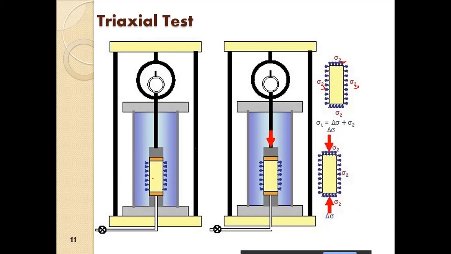Sigma 3 is acting from the fluid pressure all throughout the sample, and here delta sigma or sigma d, whatever you say, is the additional stress onto the plane normal, or the horizontal plane here. All right, kindly remember that, because we are going to come back to it at the end of the discussion.